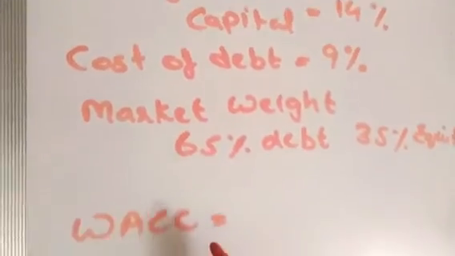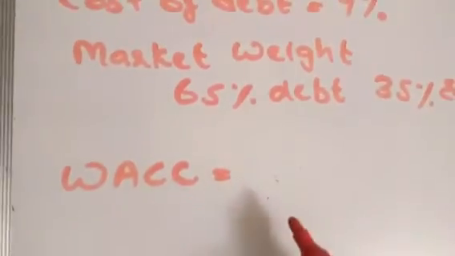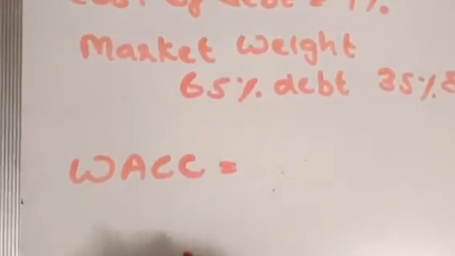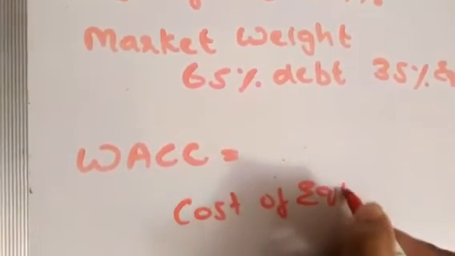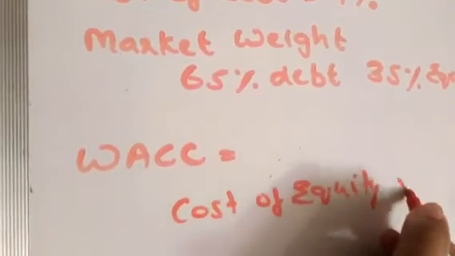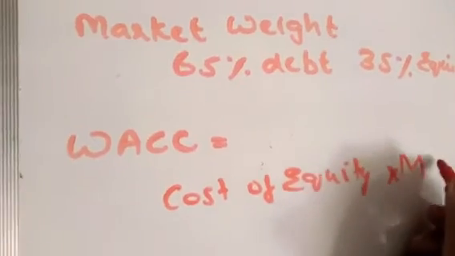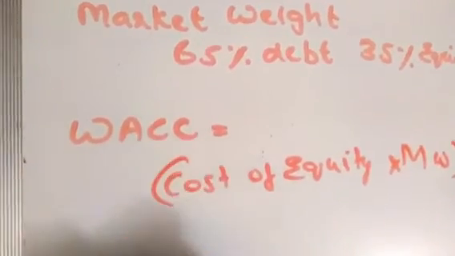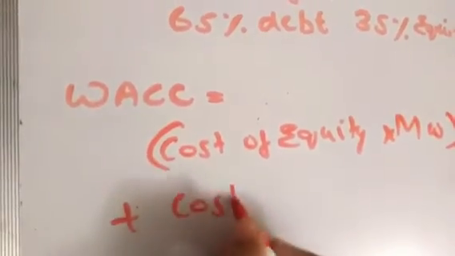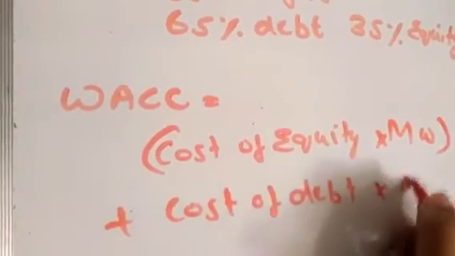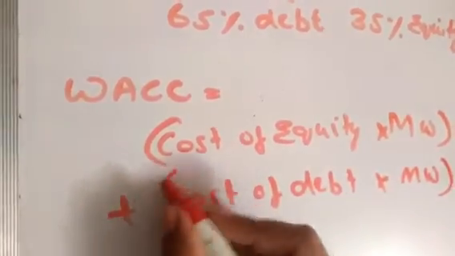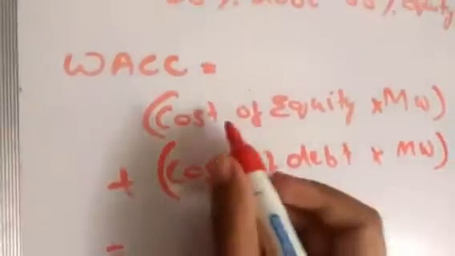So to calculate the weighted average cost of capital, we have to calculate cost of equity into market weight plus cost of debt into market weight. Here we know the cost of equity.